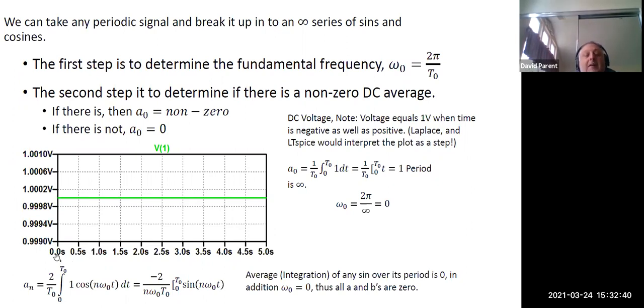And this is the thing about LTspice, it's kind of like a Laplace finder, because even though you don't see it, the simulation assumes that it was 0 and then it jumped up to 1 at that time.